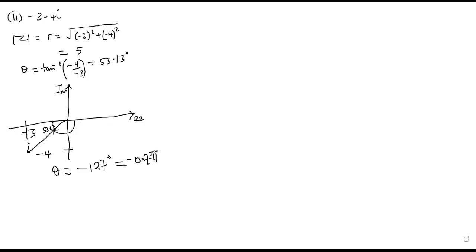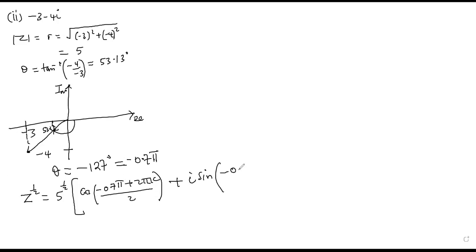Now, this one would mean that z power a half will be equaling to r power a half into cos theta, which will be cos negative 0.7 pi plus 2 pi k out of 2. 2 is always the value of n that you have, then plus I sine negative 0.7 pi plus 2 pi k out of 2.